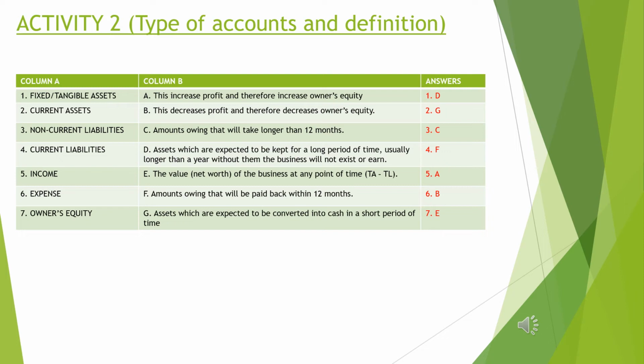Then let us look at E. The value in brackets, net worth of the business at any point of time. They are giving us a clue where they say total assets less total liabilities.